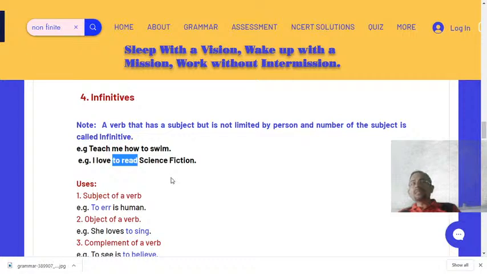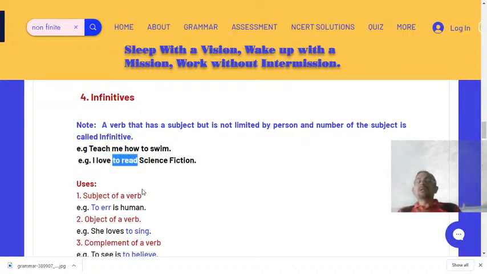So what is an infinitive? A verb preceded by to is called an infinitive. In this sentence, to read is the example of an infinitive.